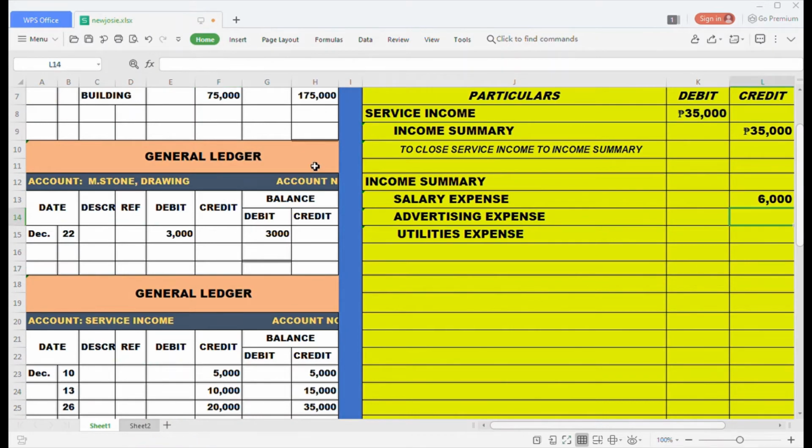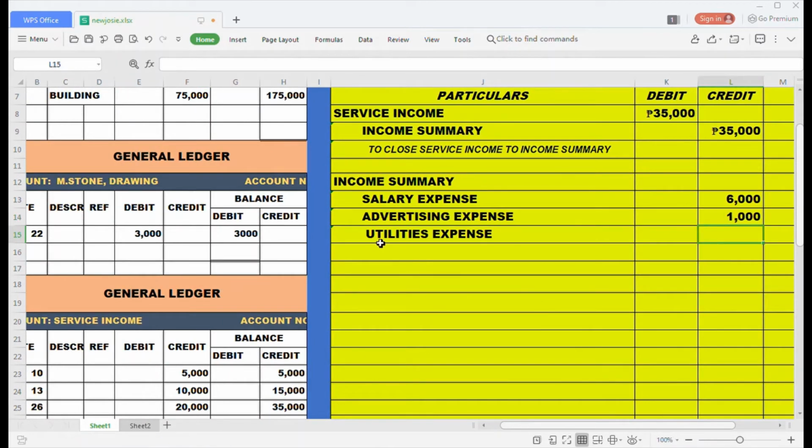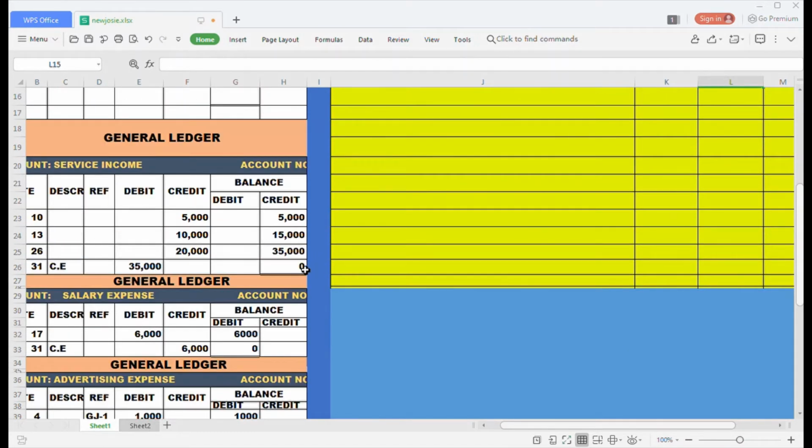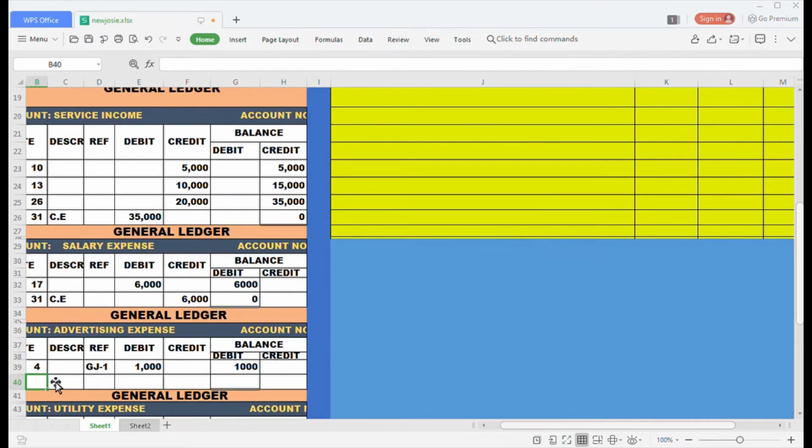That is 1,000. So, still, i-close natin ang general ledger natin, advertising expense. So, we have to put here the date, December 31, and this is closing entries. And we have here credit 1,000. So, this is 0.